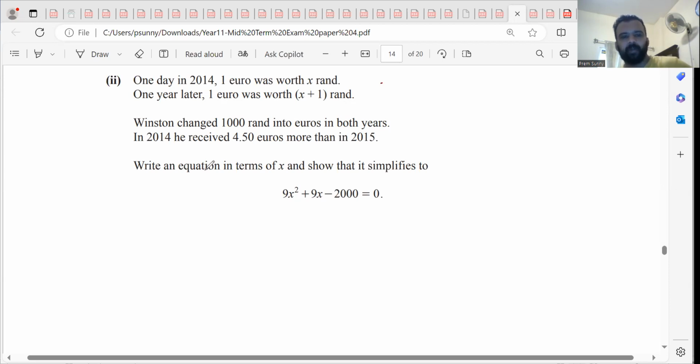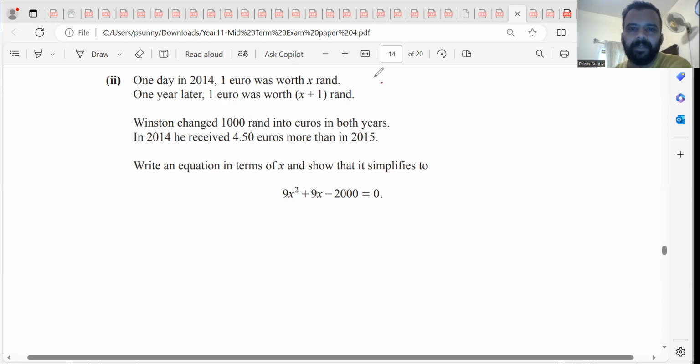Winston changed 1000 Rand into euros in both years. In 2014, he received 4.5 euros more than in 2015. Write an equation in terms of x and show that it simplifies to 9x squared plus 9x minus 2000.